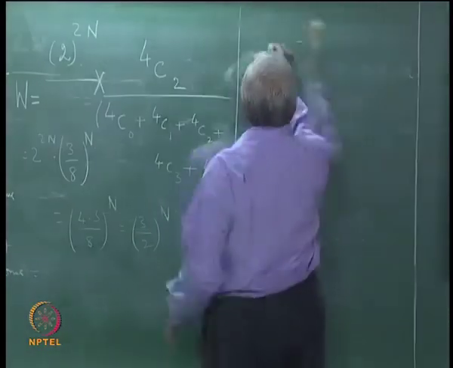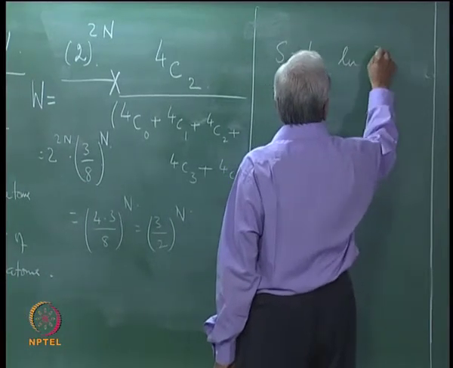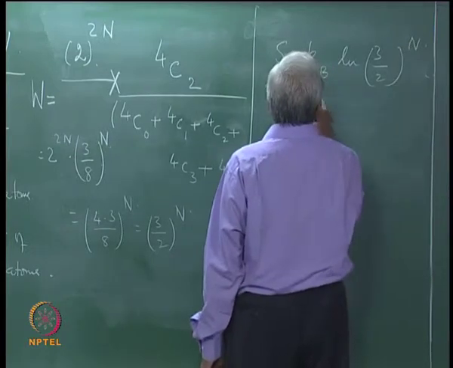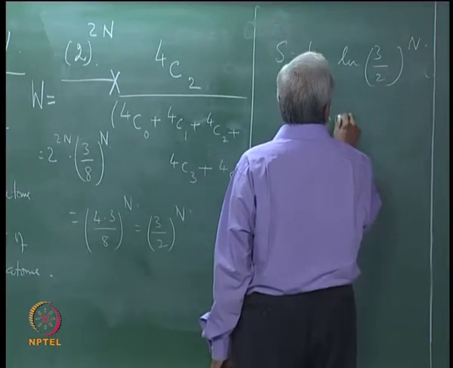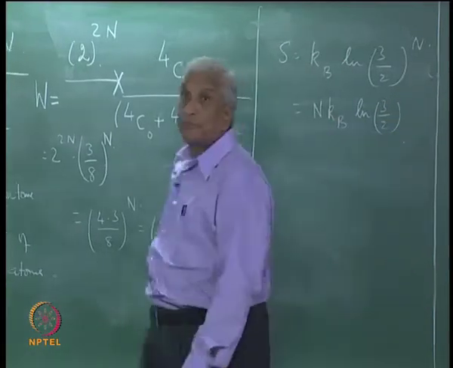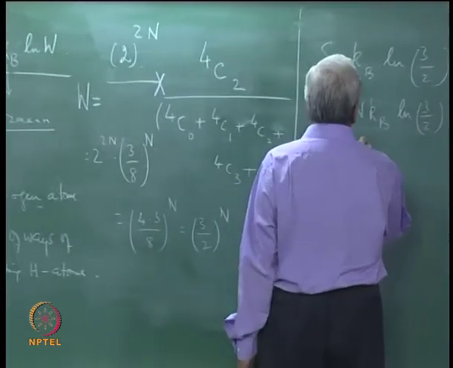So, the entropy S is Kb log 3 by 2 to the power n, which is n Kb log 3 by 2, and n Kb is nothing but the universal gas constant R. So, it is R log 3 by 2 per mole.